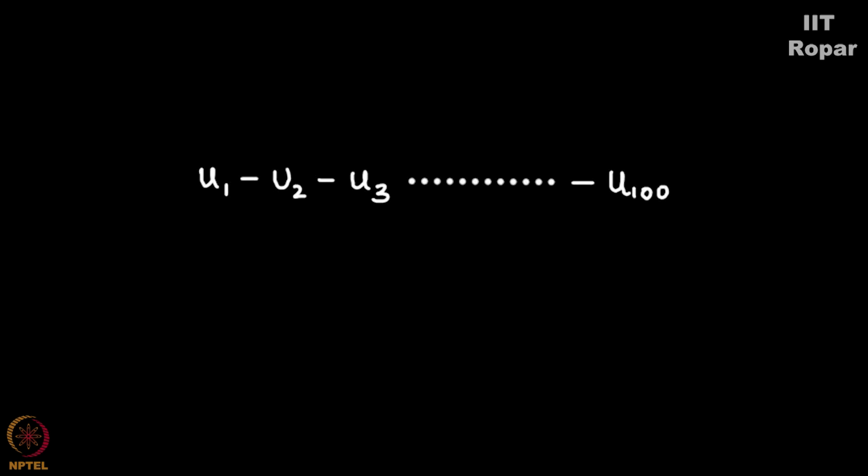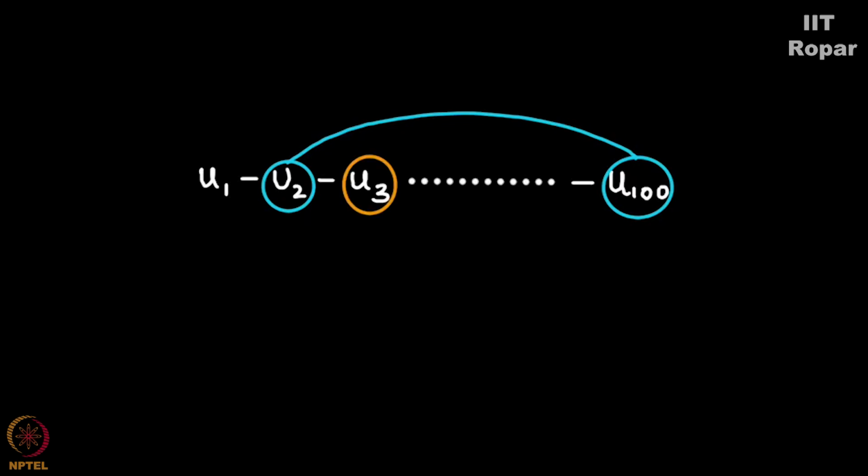You will observe that whenever this U100 is adjacent to some vertex, and the next vertex, by next vertex I mean the successor, is adjacent to U1, then you can connect these two things and remove this particular edge, and what you will have is a cycle on these 100 nodes only. Look, I did not delete any node here. I only deleted the edge here, one edge.